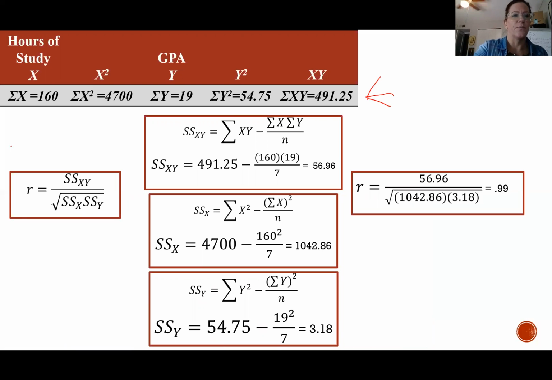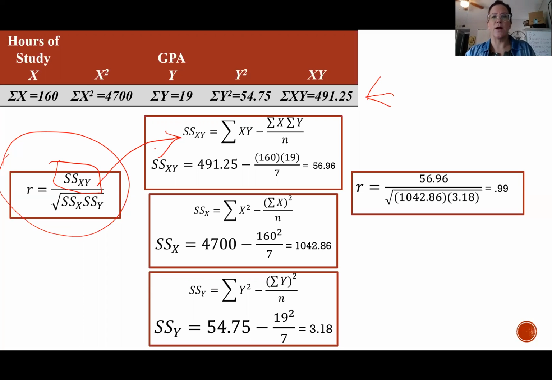So here's our ultimate equation right here, okay? To get the sums of square of the product, this is what we need to do right here. Sums of square X, Y. So we take the sum of the product minus the sum of X times the sum of Y divided by N. If you'll notice, the sum of X, Y right here goes right here, okay?